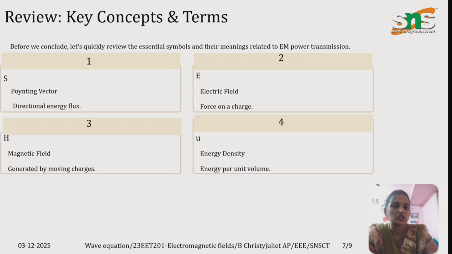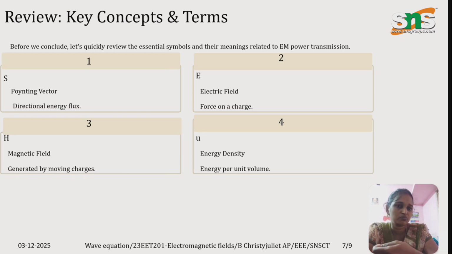So let's conclude. We have discussed electromagnetic power transmission, first with the Poynting vector S, whose direction gives the energy flux, and then the major elements for calculating the Poynting vector are E and H, where E is the electric field, the force on the charge, and H is the magnetic field, which is generated by the moving charges.